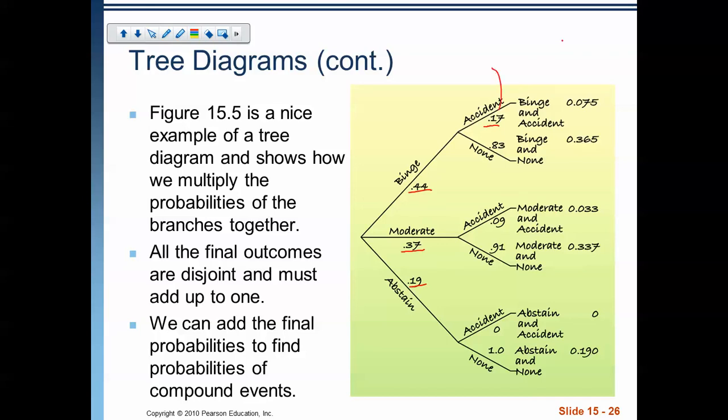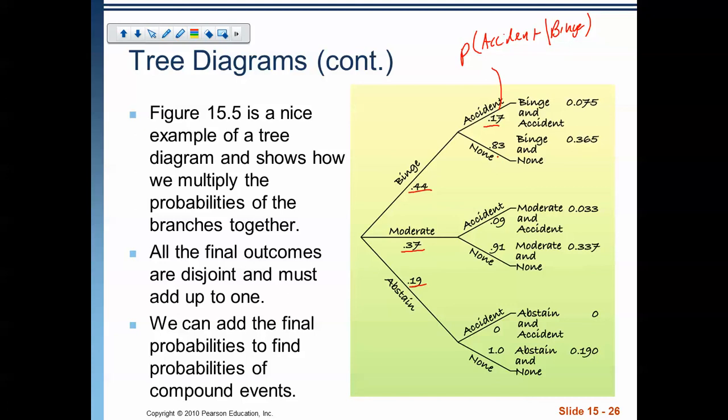So this probability right here is the probability that I've been in an accident given that I'm a binge drinker. That 0.17, that's what we said earlier.